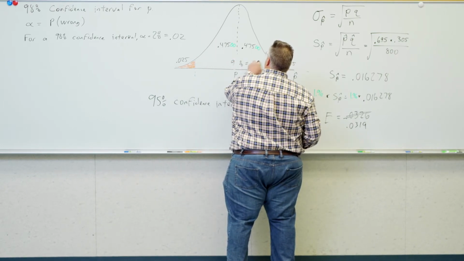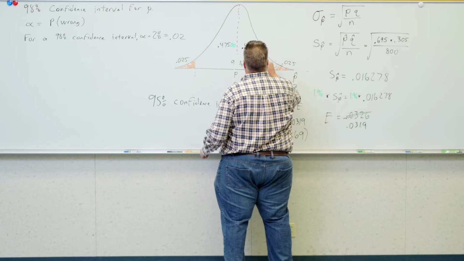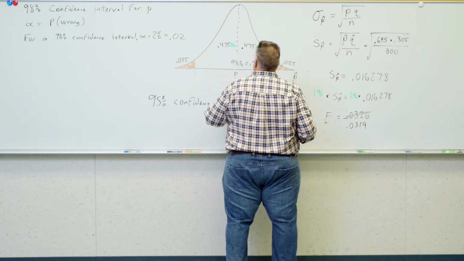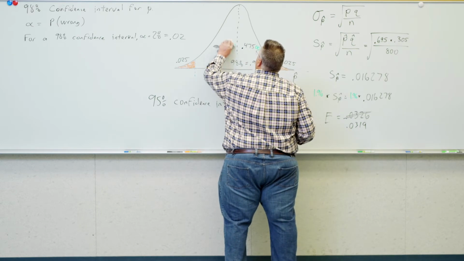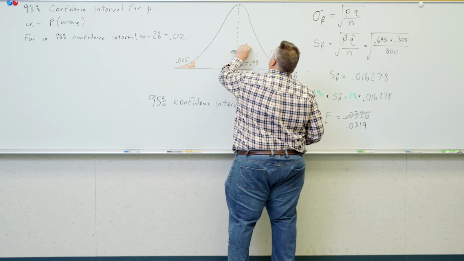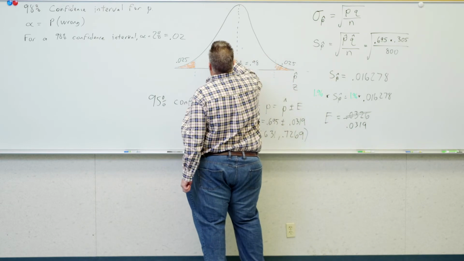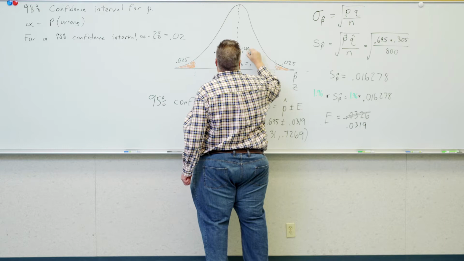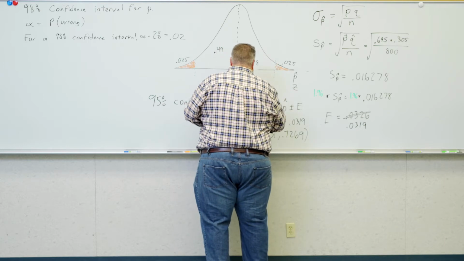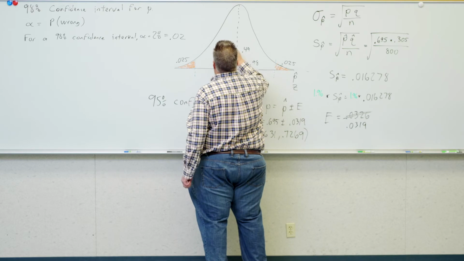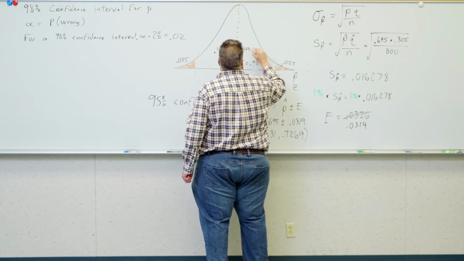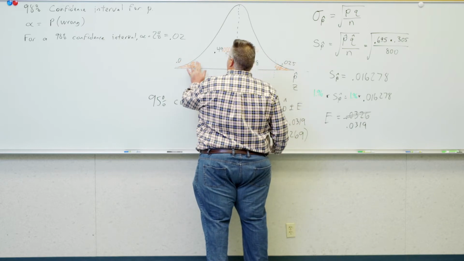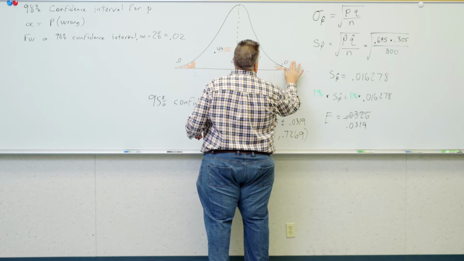So if I've got a 98% confidence interval, half of 98% is 0.49. And hey, your z-table goes 5 decimal places, so you would hope to find 0.49000 on there, but you won't.